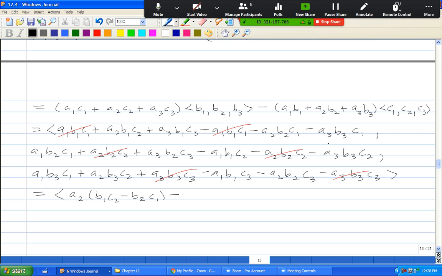Next, let's do the A3 minus A3 B3 C1, so that's this term, minus B1 C3. I'm still going to skip lines so I can keep track of everything.